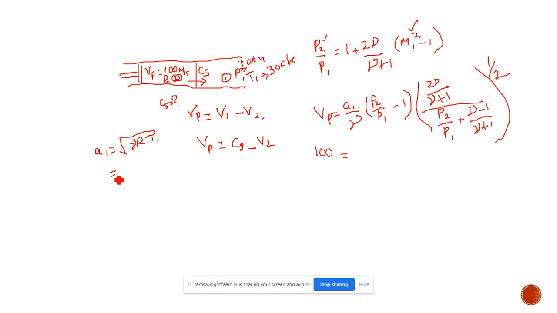By substituting, it is 1.4 into 287 into 300.